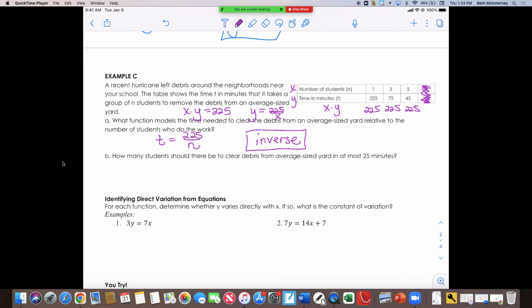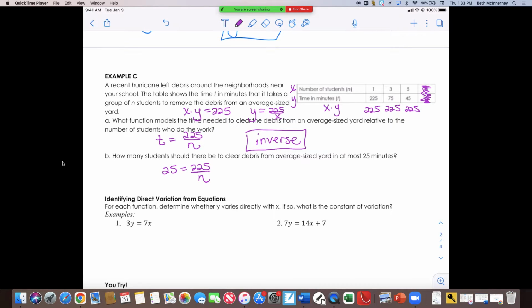How many students should there be to clear the debris from an average sized yard in at most 25 minutes? Well, this time the variable's stuck in the bottom. What could I do to get the variable out of the denominator?